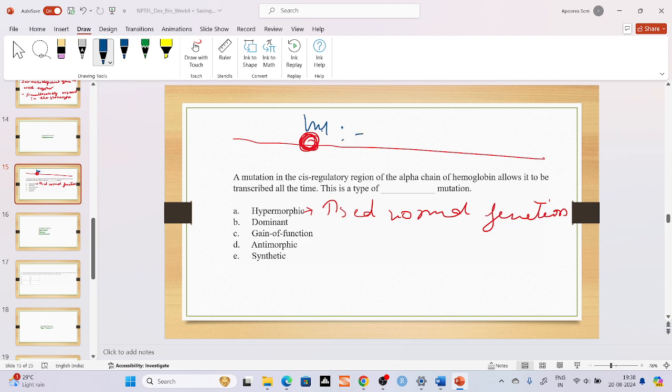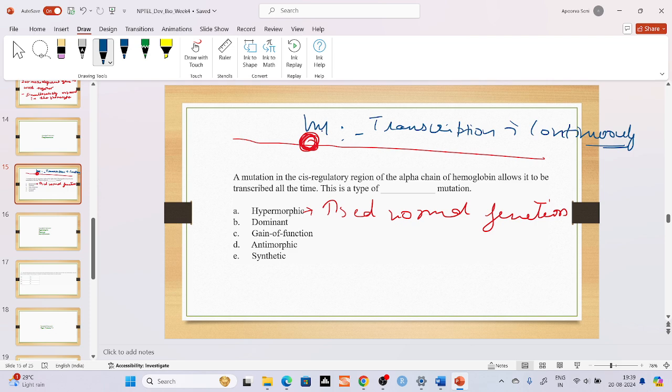Now because of this mutation, transcription is happening continuously. That means the rate of transcription has increased, so ultimately translation will also increase, and protein production will also increase. So there would be an increase in the normal function.